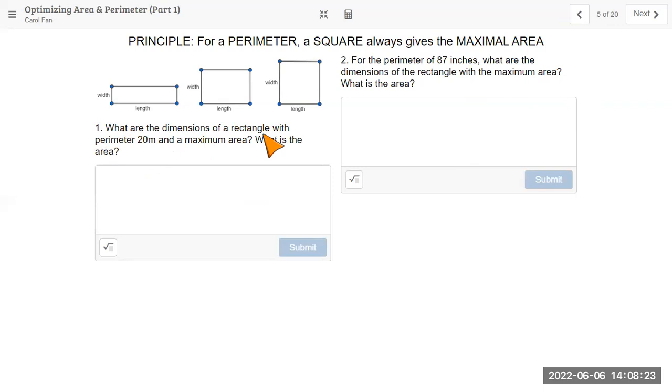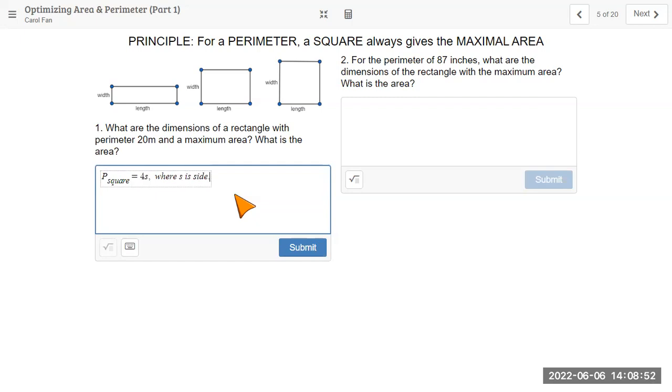What's the dimension of a rectangle with a perimeter of 20 meters and a maximum area? What is the area? Now, I know that the perimeter of a square is equal to 4 times side. So I could say 20 is equal to 4s.